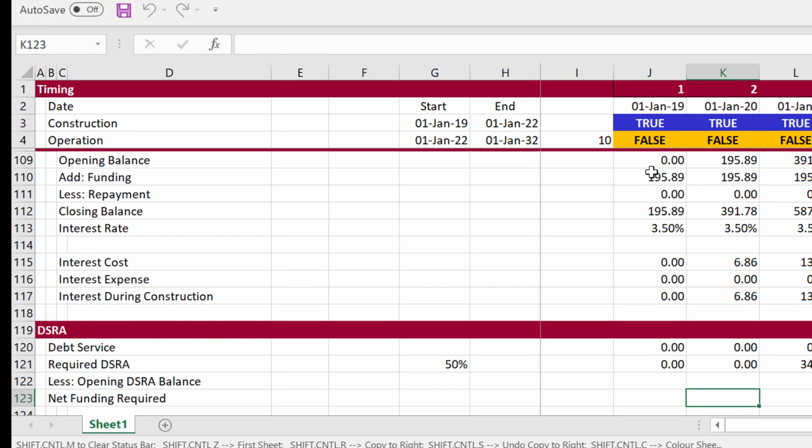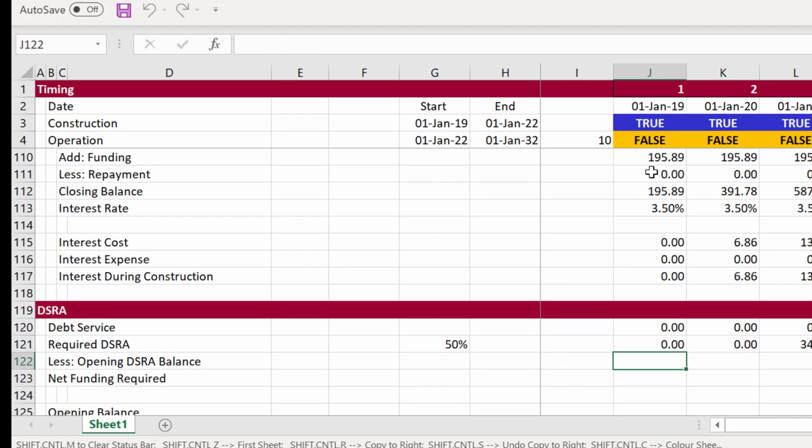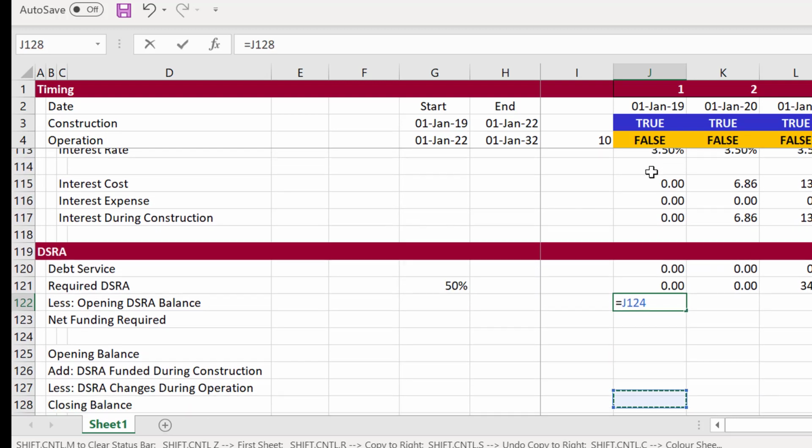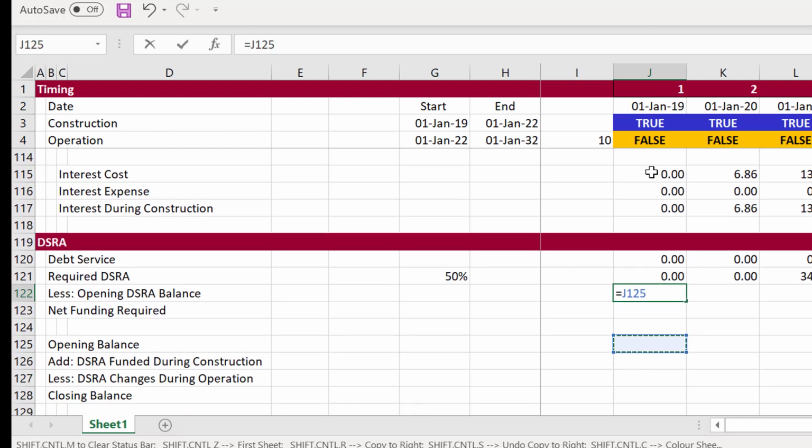Then we can say, how much do we have in the opening balance? This is a lot like the thing I just did, and our net funding required is how much we need minus how much we already have. Our opening balance is our previous year closing balance. We take the amount we need to fund and multiply that by the construction period for the funding during construction.